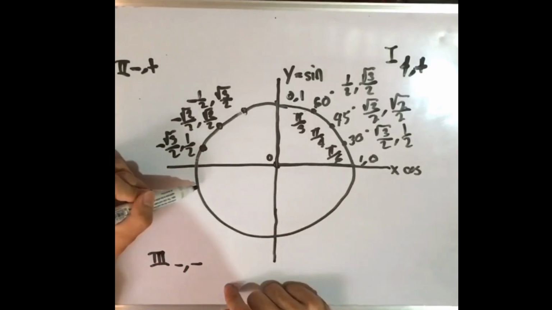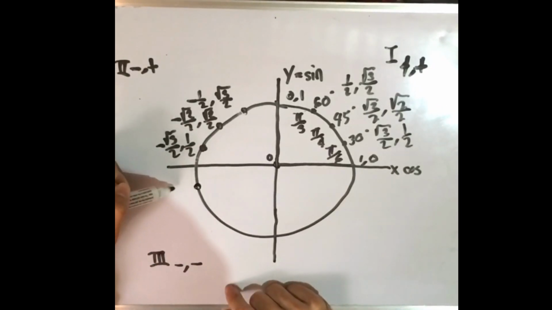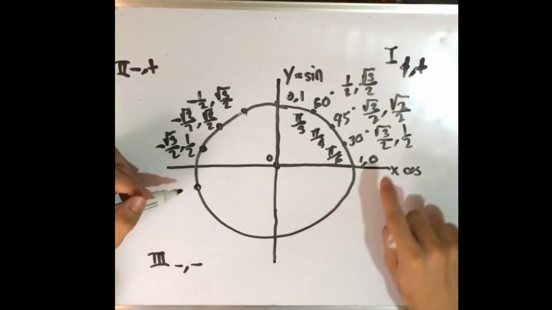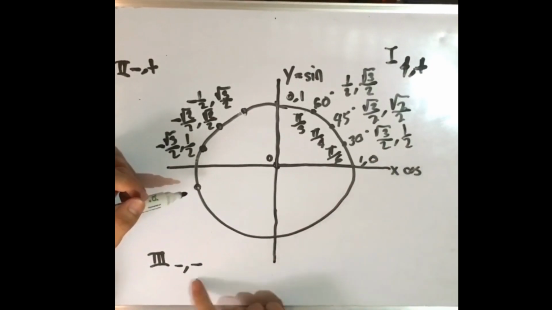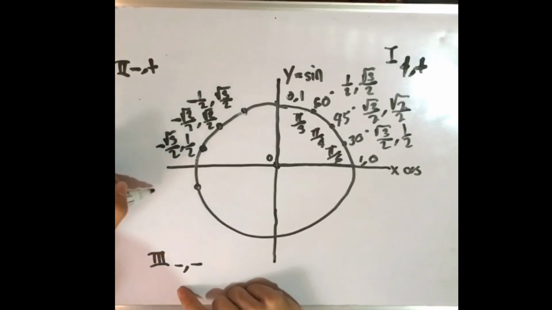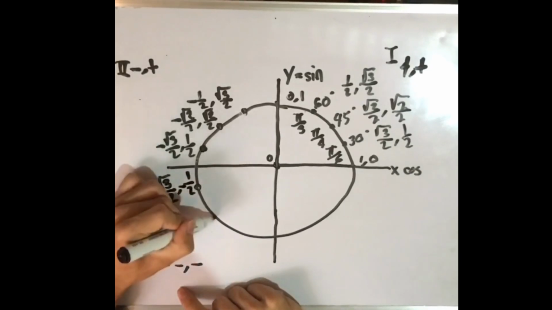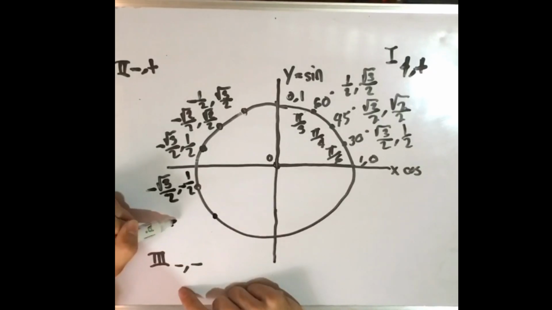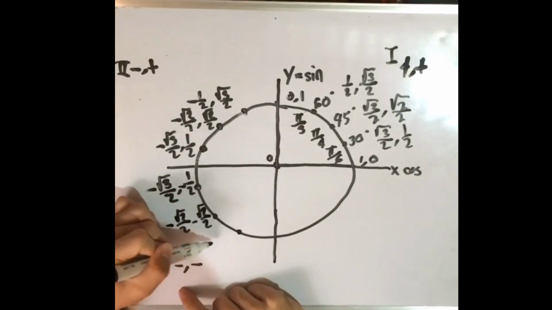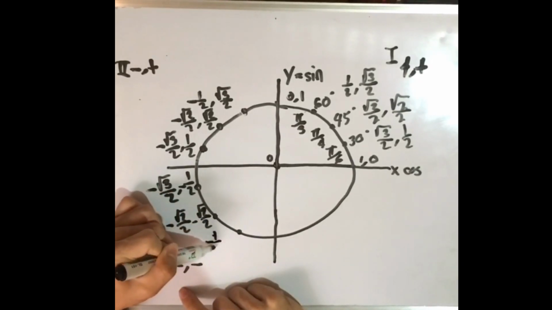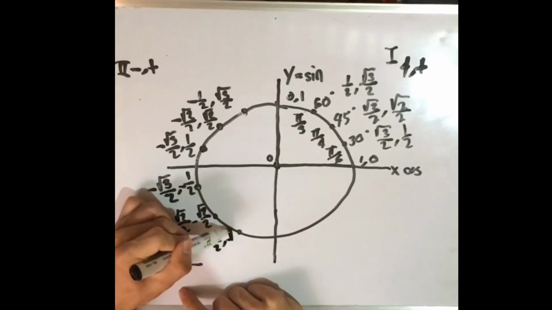So the angle 30 degrees is this. Since both are negative, it's gonna be negative root 3 over 2 and negative 1/2, and 45 degrees is negative root 2 over 2 and negative root 2 over 2, and 60 degrees is negative 1/2 and negative root 3 over 2.